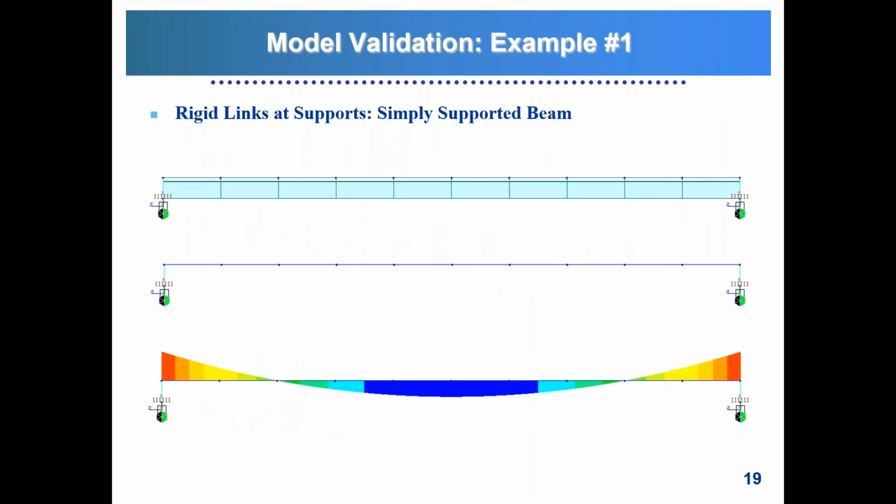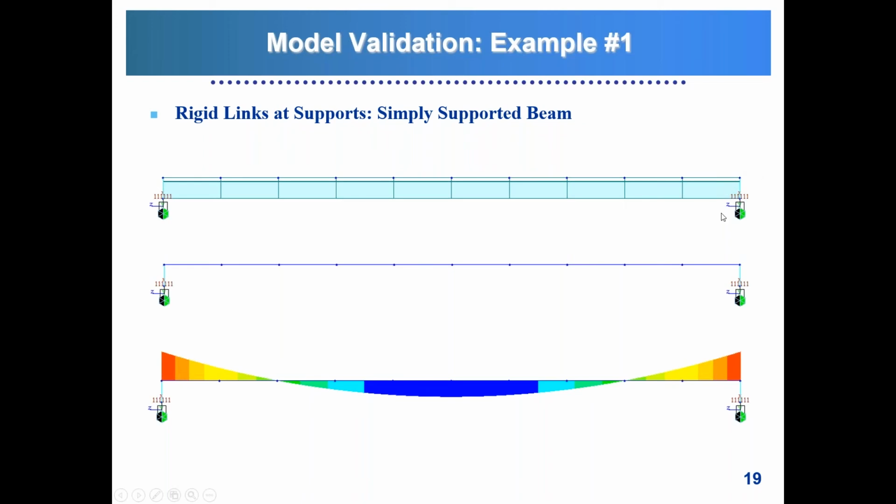So the first validation example we wanted to talk about is a simply supported beam. What I was telling you about earlier: you may have the links properly defined, but if you don't validate, you could end up with incorrect results. This is a perfect example of that scenario.